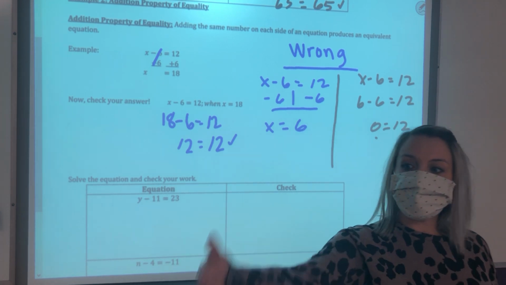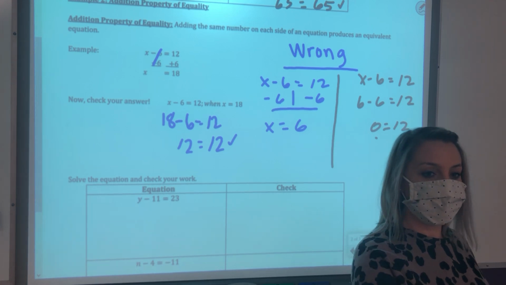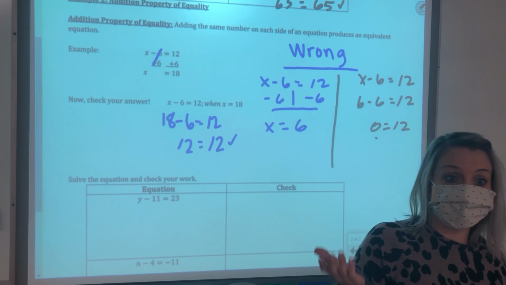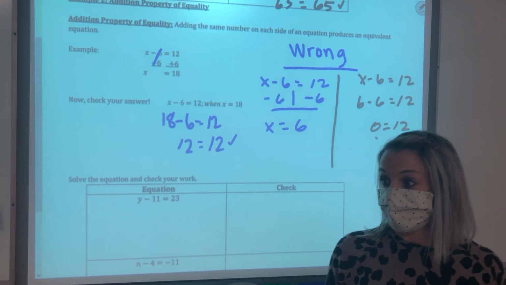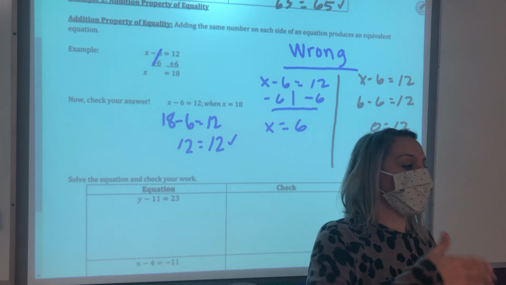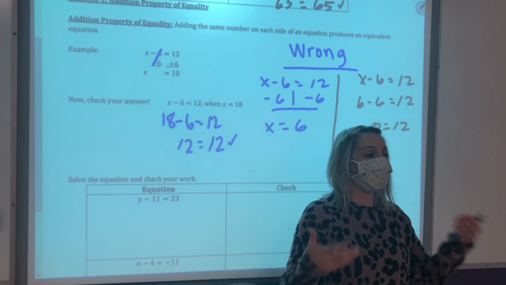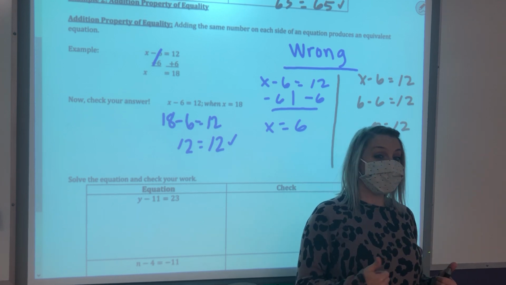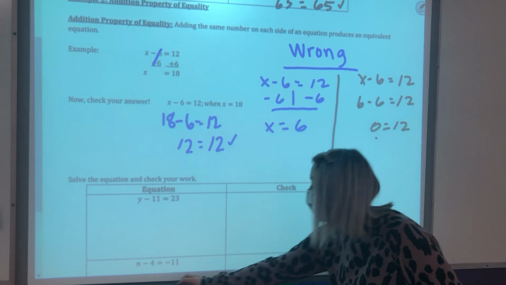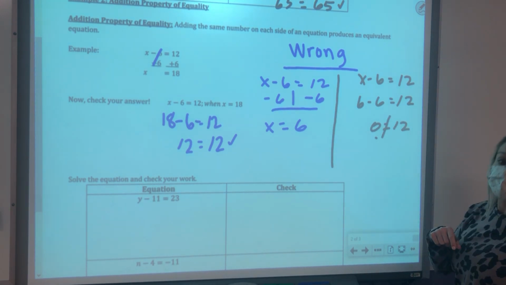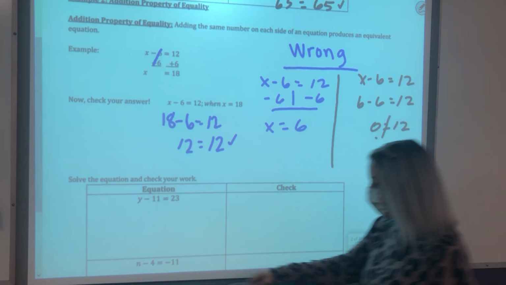But I would rather do that than turn my paper in and get that problem wrong, and miss 7 points or 10 points, whatever my teacher was giving the value of that problem. So that's why checking your answer is really important. If you have the ability to do that on a math problem, that's a really good idea. So again, this is not true, we have to go back.